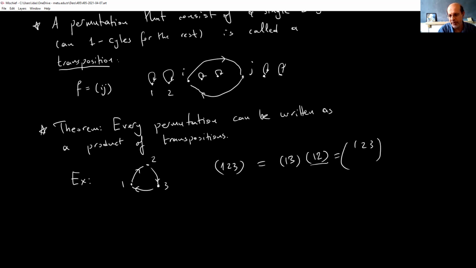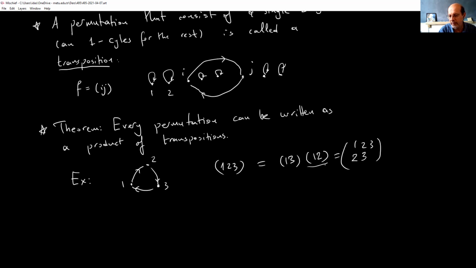So the first transposition changes 1 into 2. The second one keeps the 2 constant. So therefore 1 is converted into 2. How about 2? The first permutation converts 2 into 1. The second one sends 1 into 3, so therefore 2 is sent into 3.